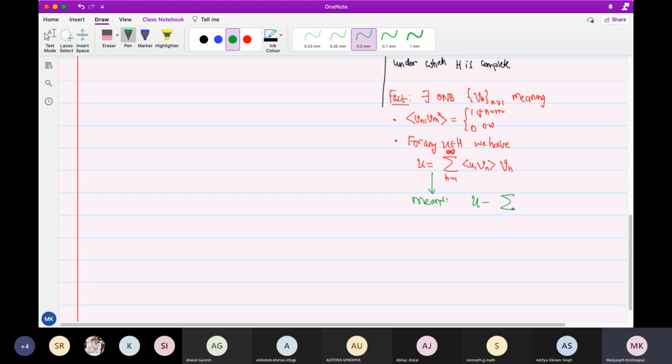If you take this series up to capital N, these are scalars and this is a vector, so this is another element of the Hilbert space. If you take the norm squared of the difference, that goes to 0 as N goes to infinity.